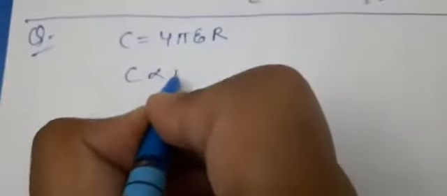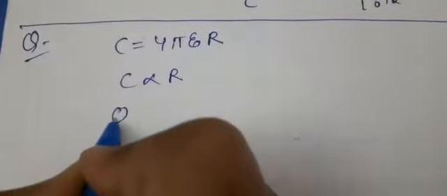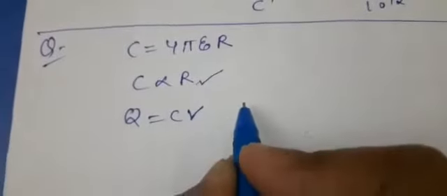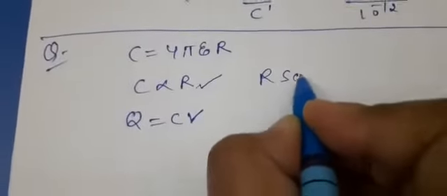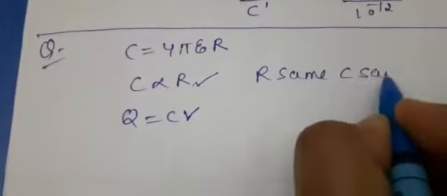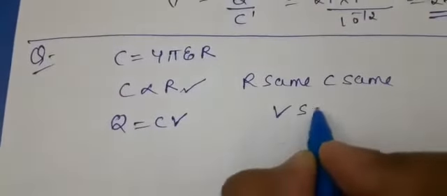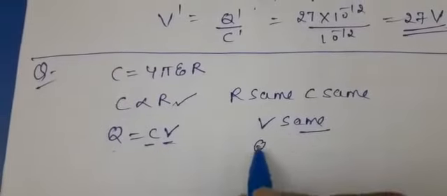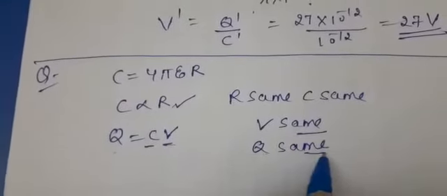So, C is proportional to R and Q equal to CV. So, R is same. It means when R same, capacitance will be same. And V, it is given to be same. So C same, V same. So charge will also remain to be same.